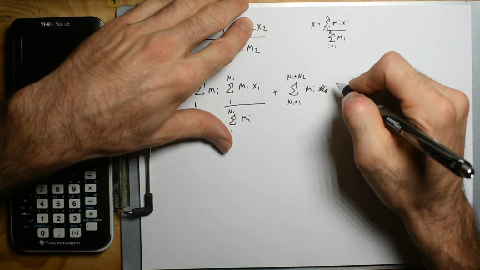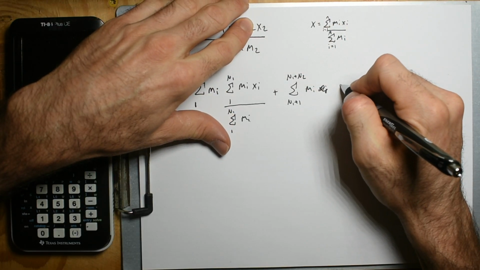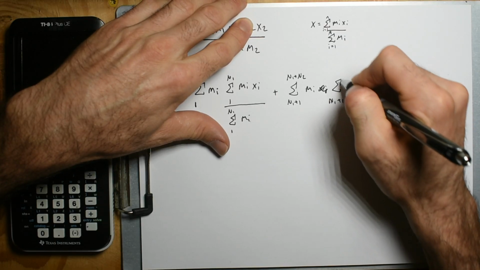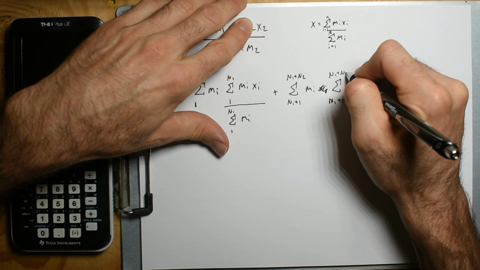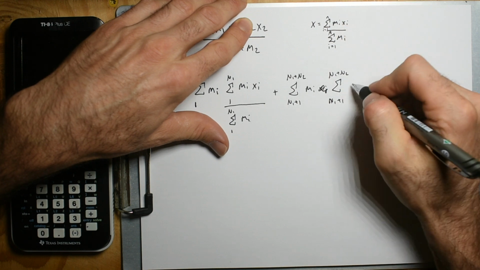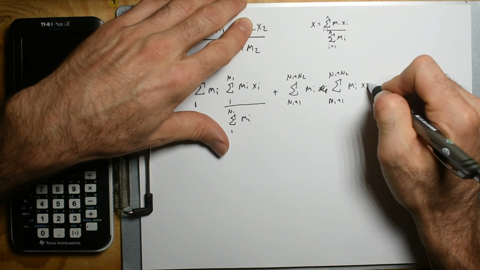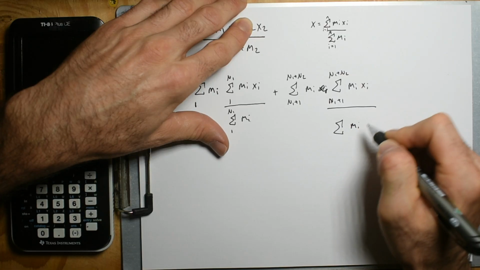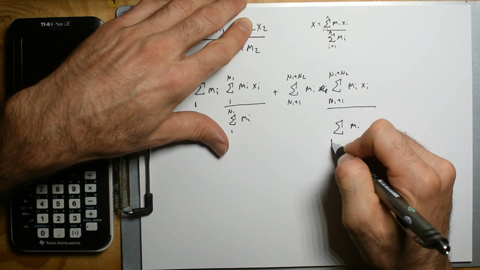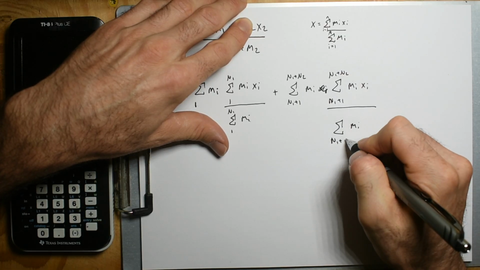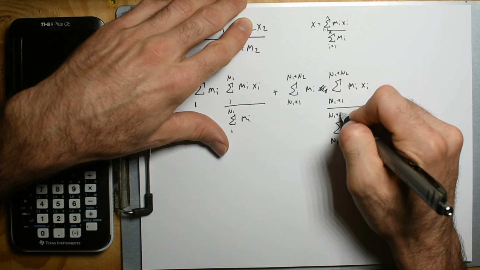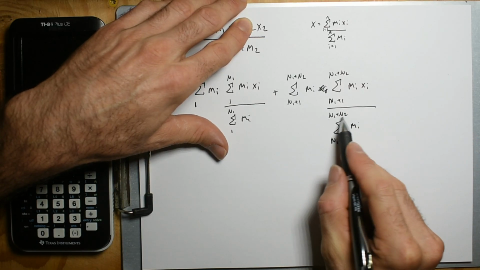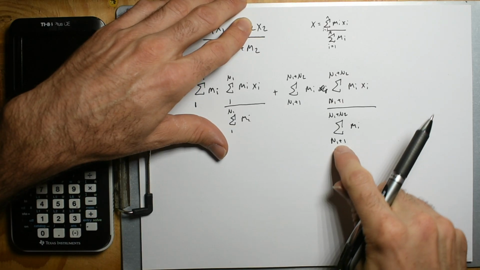Now this x2 is going to be this equation: the summation from n1 plus 1 to n1 plus n2 of mixi divided by the summation from n1 plus 1 to n1 plus n2 of mi. 50 plus 50 is 100, so this is 51 to 100.